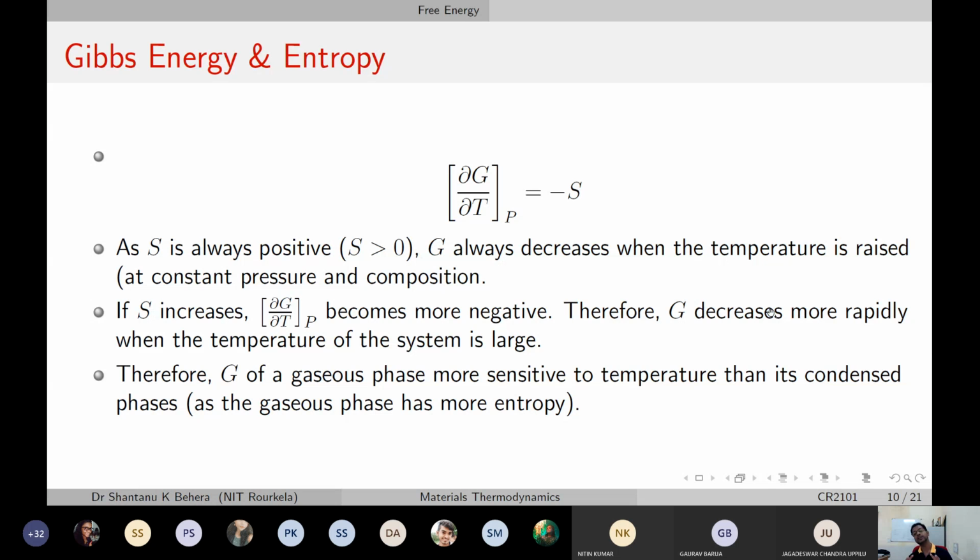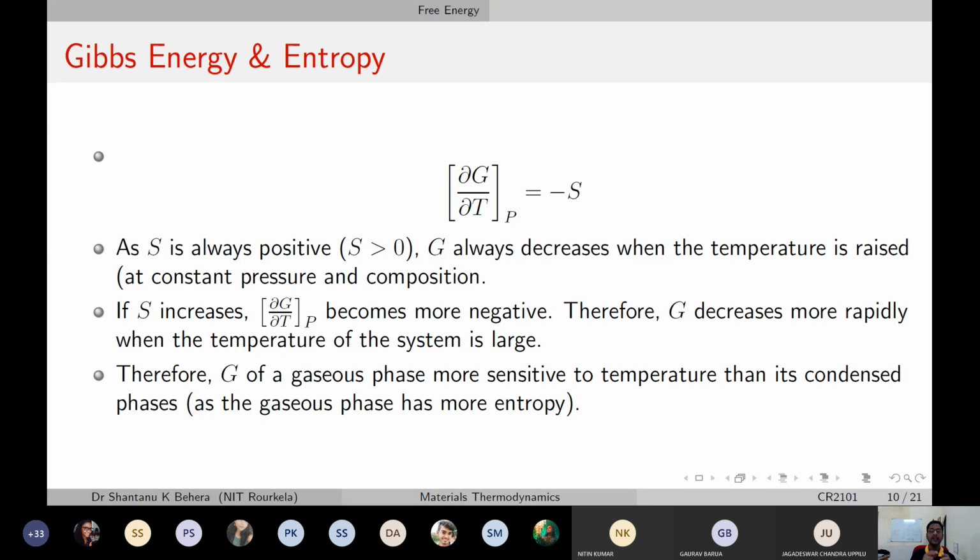Now, what would be the situation when we talk about the different phases of the same material? For example, let's talk about water. Its free energy, or Gibbs energy, can change with temperature as well, as per this equation. The free energy of water changes with temperature, the free energy of ice changes with temperature, and the free energy of steam also changes with temperature.